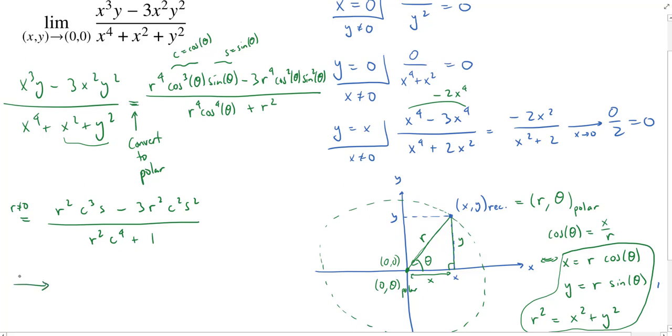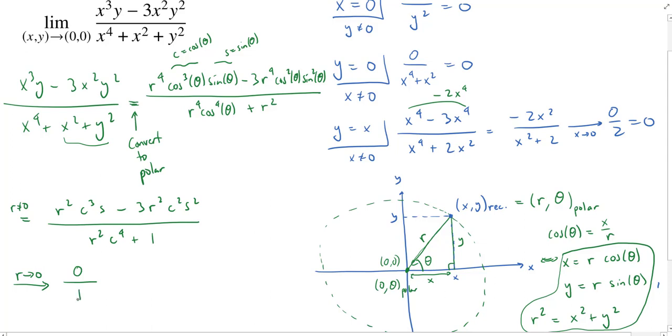And as r goes to 0, we know that this first term, no matter what theta is, these are going to go to something, but I'm multiplying by something going to 0. So this first term goes to 0, and similarly, this second term goes to 0. And so I'm going to be getting 0 in the numerator, and in the denominator, the r is going to be going to 0 here, so it'll kill whatever the c to the fourth is, but then there's a plus 1.